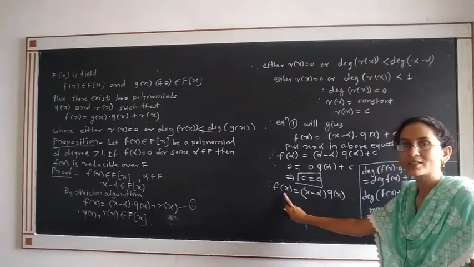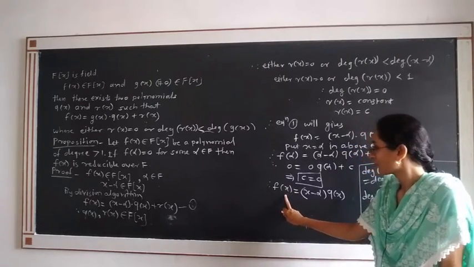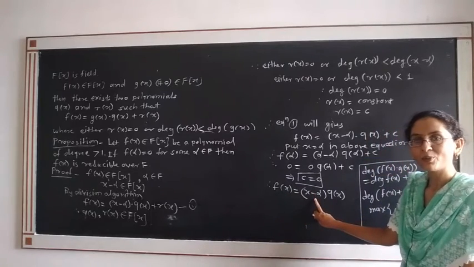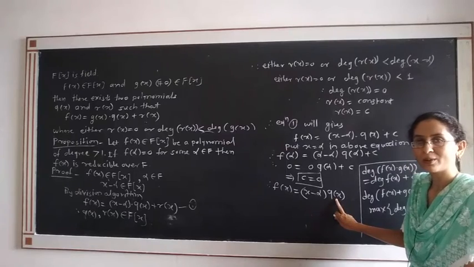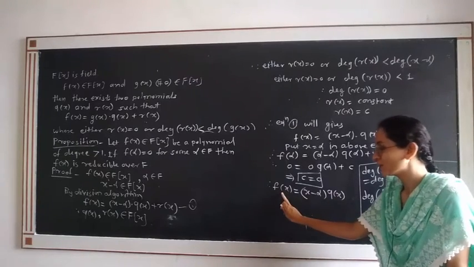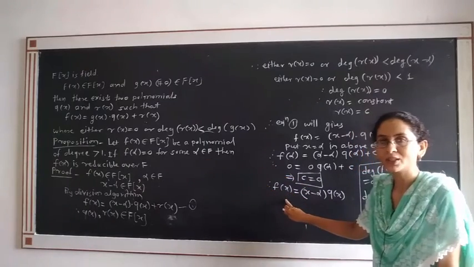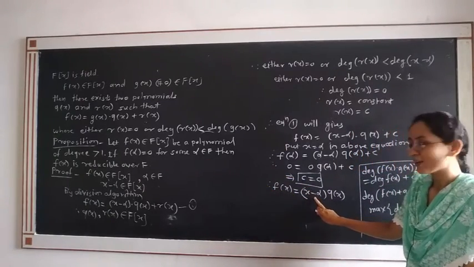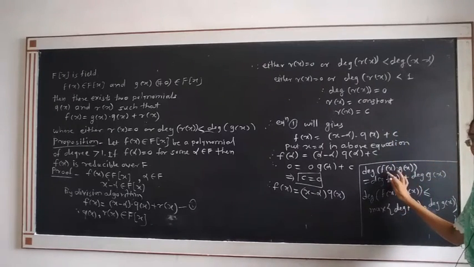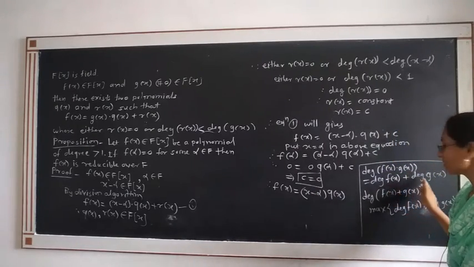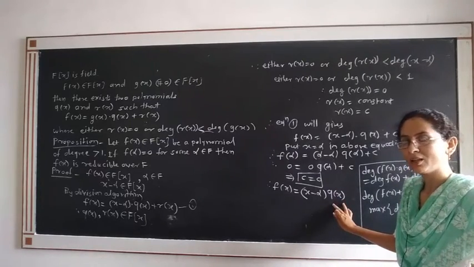Here, degree of f(x) is strictly greater than 1. Suppose f(x) has degree 2. This polynomial x minus alpha has degree 1, so q(x) must have degree 1. If you choose the degree of f(x) as 2, because it is strictly greater than 1, then the degree of x minus alpha is 1, and by this result the degree of q(x) will come to be 1.